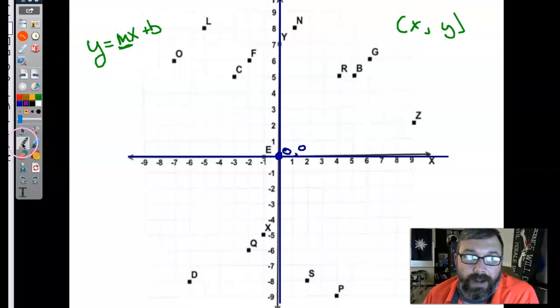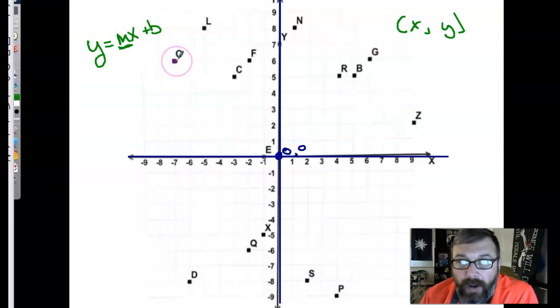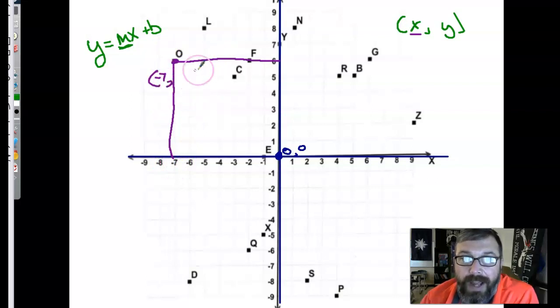So let's look at a couple examples of what this might be. If we looked at point O here, we would look at x first. So how far away from 0 am I to the left? And I can draw a line, and I see I am at -7 away from 0 there. And then vertically, I am 6 away from 0 here.